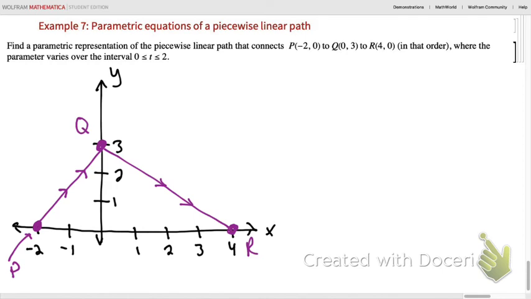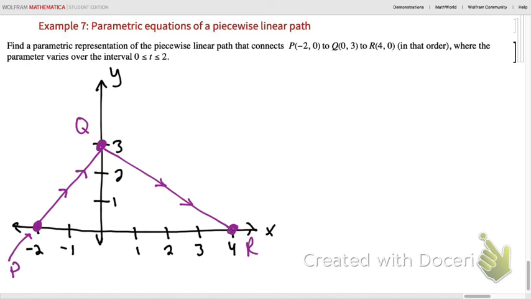Now, what I generally like to do is there's really just 2 linear paths here. There's P to Q, that's one linear segment, and then there's Q to R. Usually, if it's up to me, I make each piece that you travel on take 1 second of time.